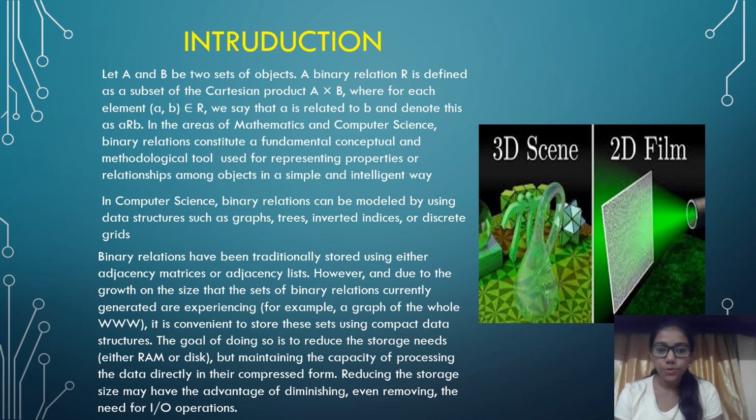The goal of doing so is to reduce the storage needs, either RAM or disk, while maintaining the capacity of processing the data directly in their compressed form. Reducing the storage size may have the advantage of diminishing, even removing, the need for I/O operations, that is input and output operations.